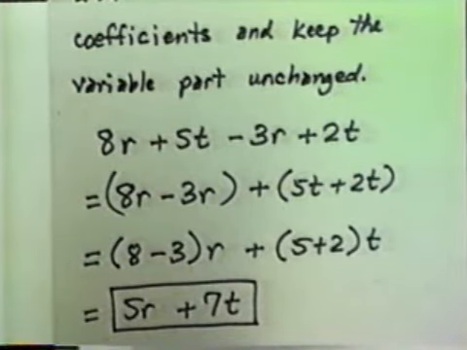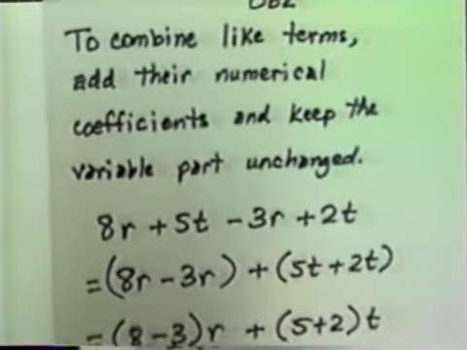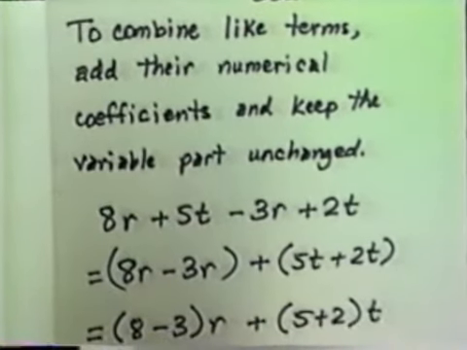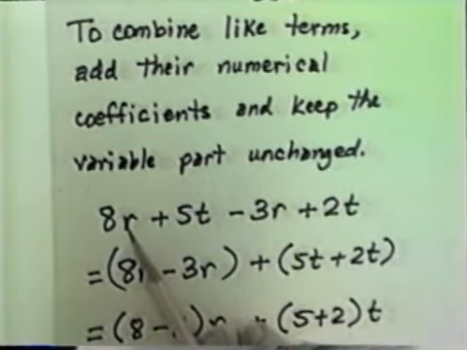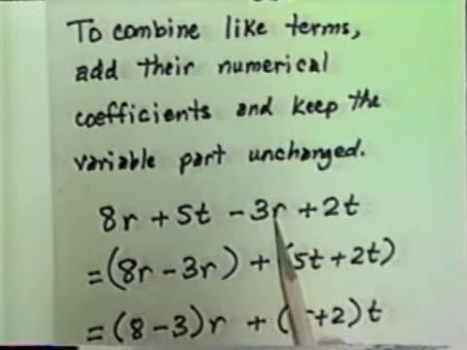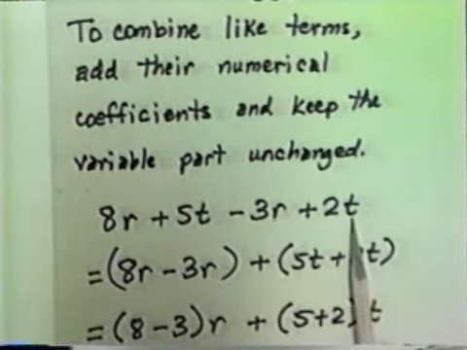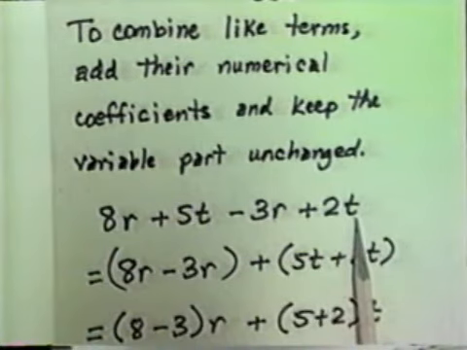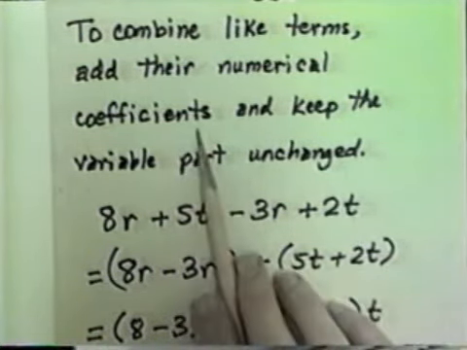Now, we're interested in 2 things here. One is to do exactly what's described here, to combine like terms. Which ones are like terms? 8r and 3r are like terms. 5t and 2t are like terms because their variable parts are the same. To combine like terms, we add their numerical coefficients.